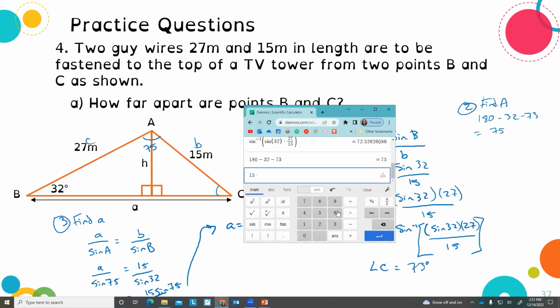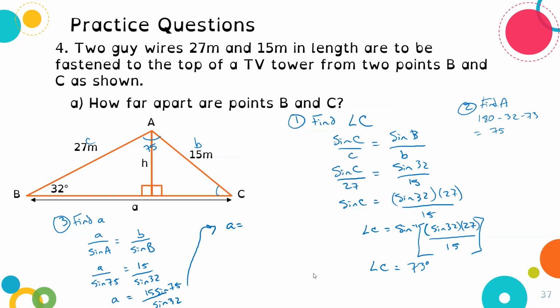If what you're doing makes sense to you, that is fine. So we have found that our side length is 27. A is equal to 27 meters.